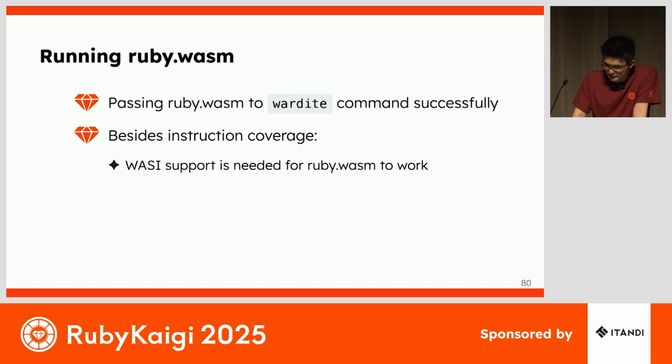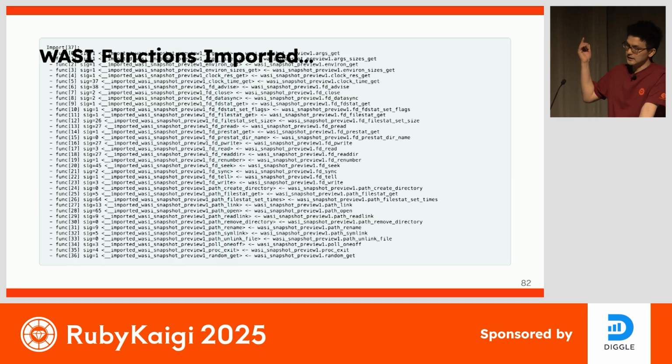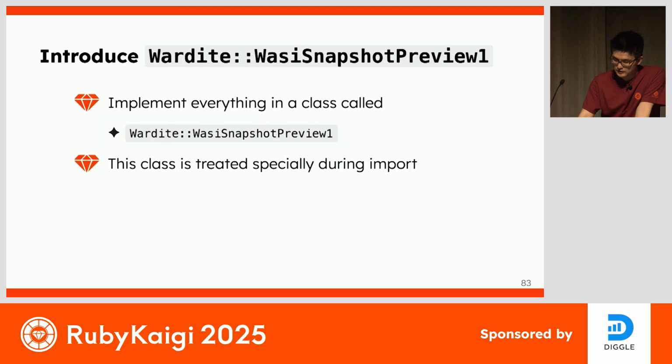Running ruby.wasm requires proper WASI support in addition to the instructions. Building ruby.wasm with default options requires 37 WASI functions. I started to implement these 37 functions, grouping them into a single class.